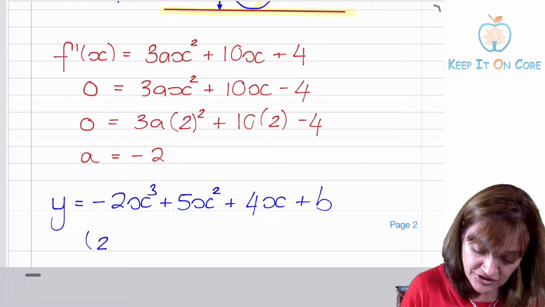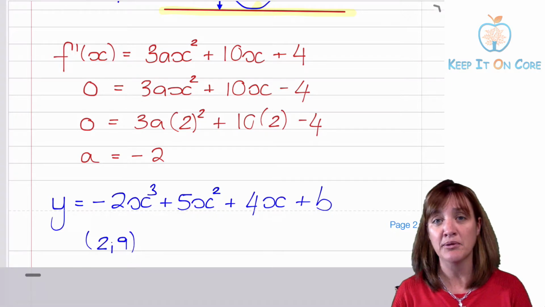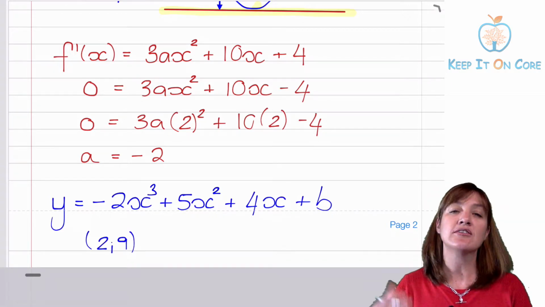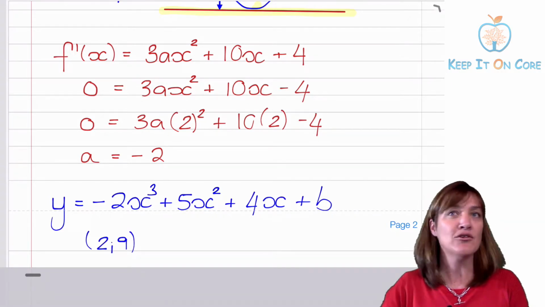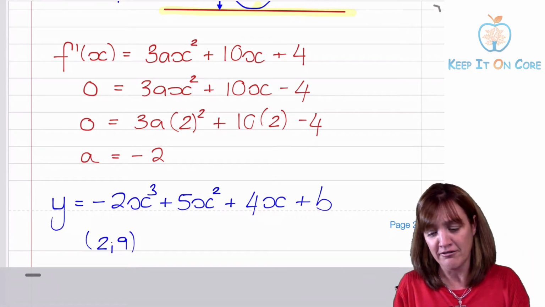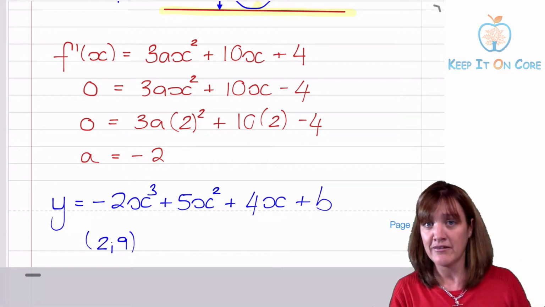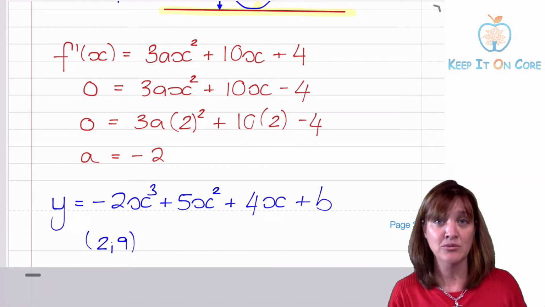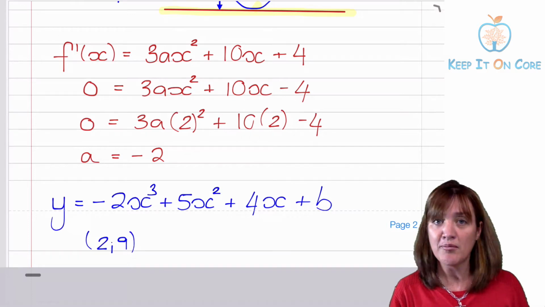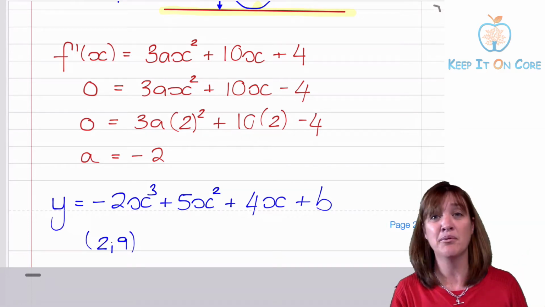Now this is what we do. The point (2, 9), which they told me in the original question was the turning point. It's all very well that it's a turning point, but if you think about it, it's also just another point on the graph. It's a point that's sitting on the graph. So we've used the 2 and the 9 in the context of it being a turning point by making the derivative equal to 0. Now I'm going to use the point (2, 9) in the context of it being just a point on the graph.